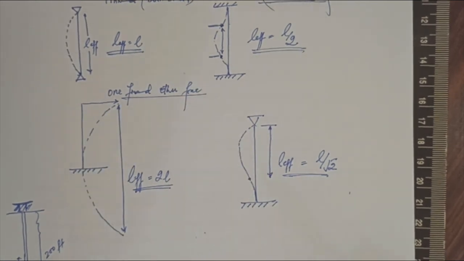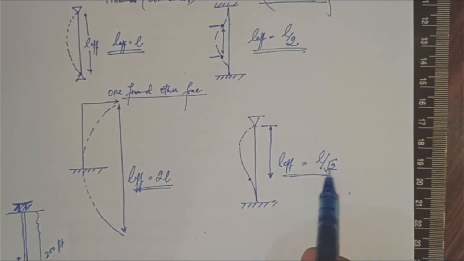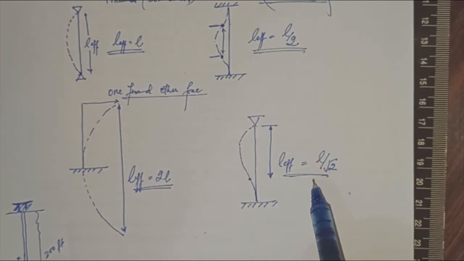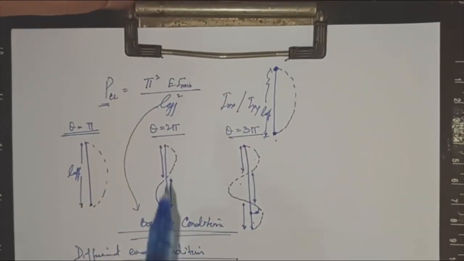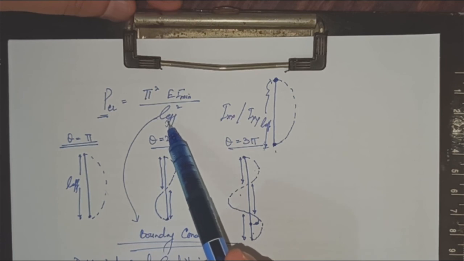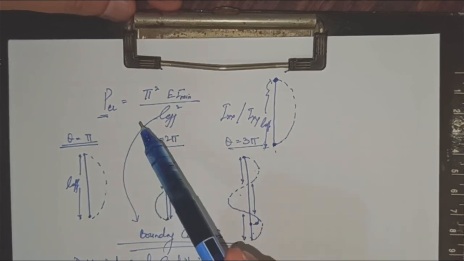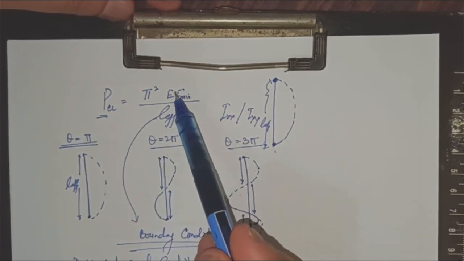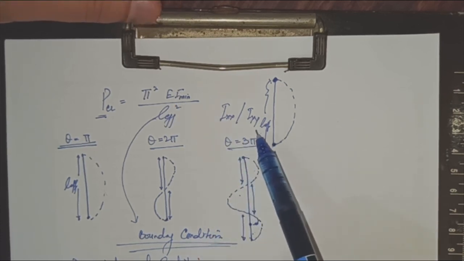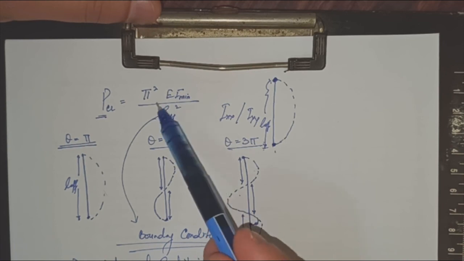So you categorize the problem into one of these four conditions, put the effective length as these values, and then use Euler's formula, pi square EI upon L effective. Put the effective length for the particular boundary condition, take the minimum moment of inertia, Ixx or Iyy, and take the material constant you will be having.